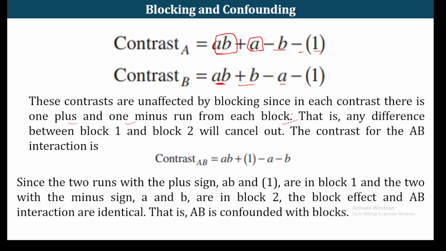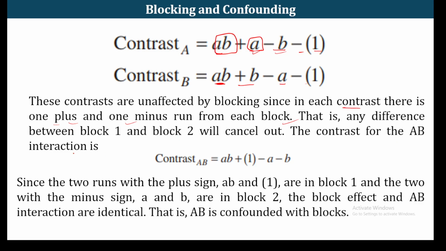They complement each other. In the case of confounding, each contrast has one plus and one minus sign from each block, so any difference between block 1 and block 2 will cancel out.